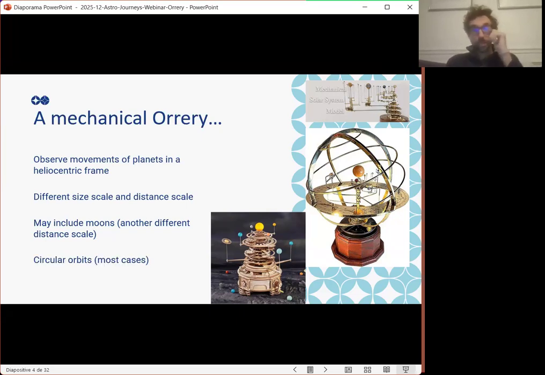And in most cases, mechanical orreries use circular orbits. I believe there are a few of them who do the ellipse, but they need a very complex mechanical system. So in most cases, mechanical orreries are with circular orbits.